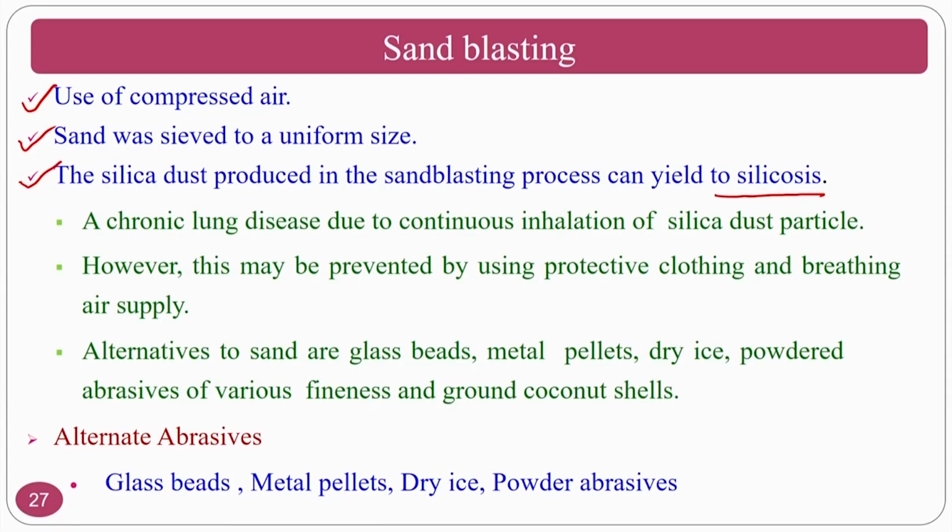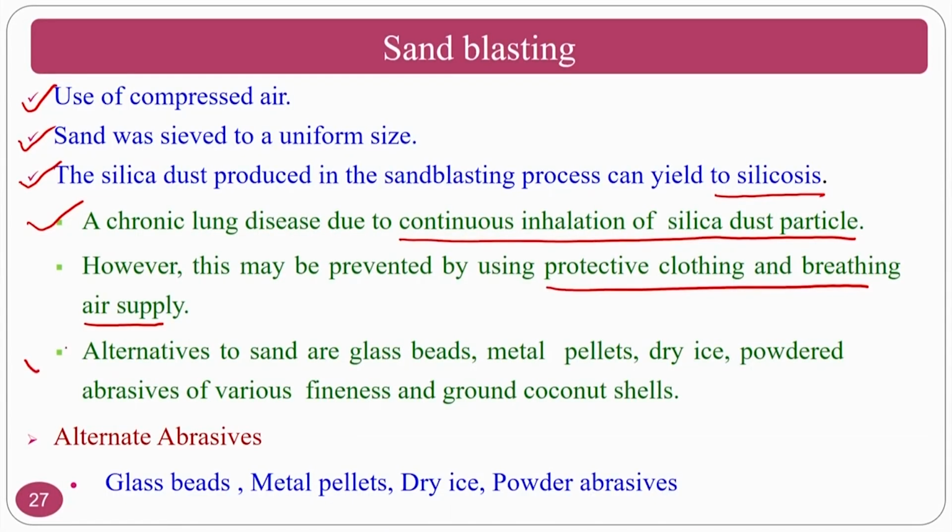Silicosis is a chronic lung disease due to continuous inhalation of silica dust particles by the operator. However, this may be prevented by using protective clothing or breathing air supply. That means you can prevent this silicosis by having a mask, apron and other protective things provided by the company to the operator.